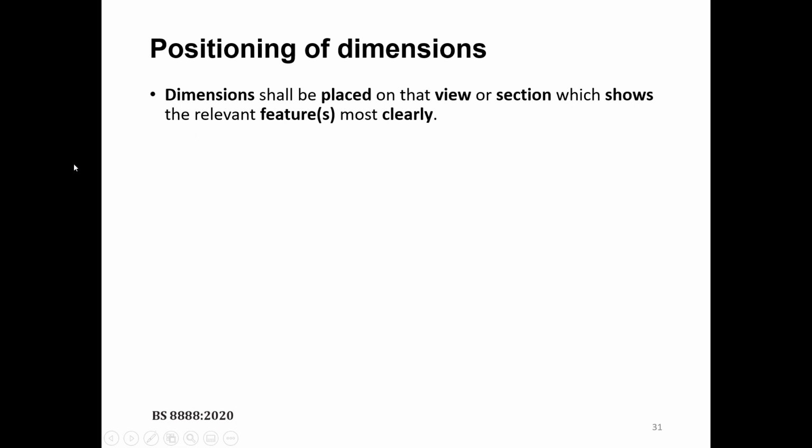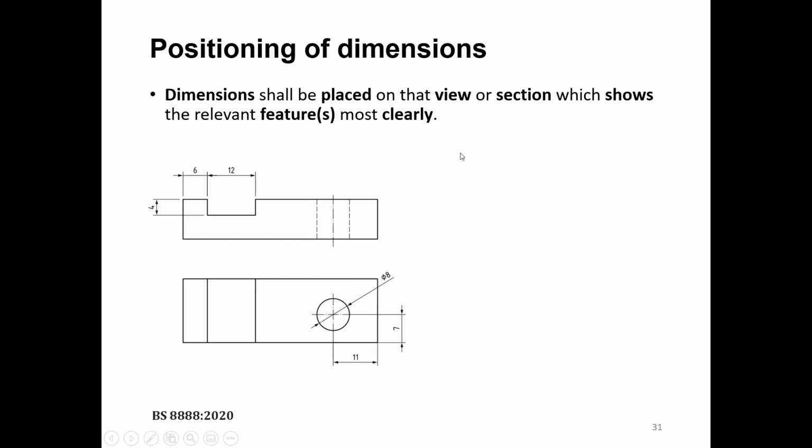Also, dimensions should be placed on the view or section that shows the relevant features clearly. For example, if you look at these two views, for this hole, the dimensions are shown on this view. So the diameter of the hole is shown here. The location of the center of the hole is shown by this dimension 11 from this edge and 7 from this edge.